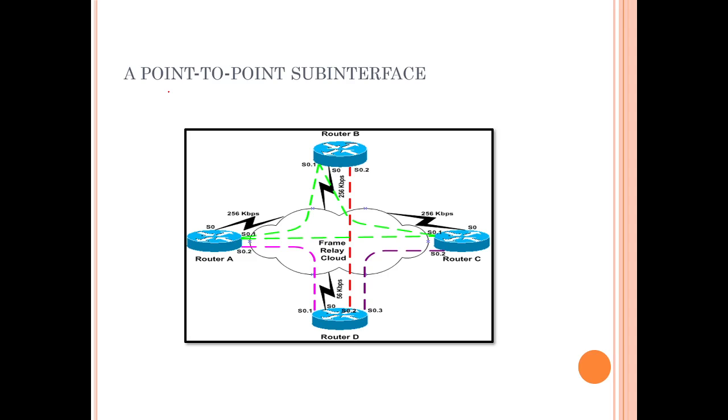One way of handling this situation is to convert to point-to-point subinterfaces for all PVCs, as in the example above. Another way, which would require more configuration, is to break up the network by putting routers A through C on a fully meshed multipoint subinterface and using a point-to-point subinterface for connecting to router D, making all of router D's connections point-to-point subinterfaces instead.